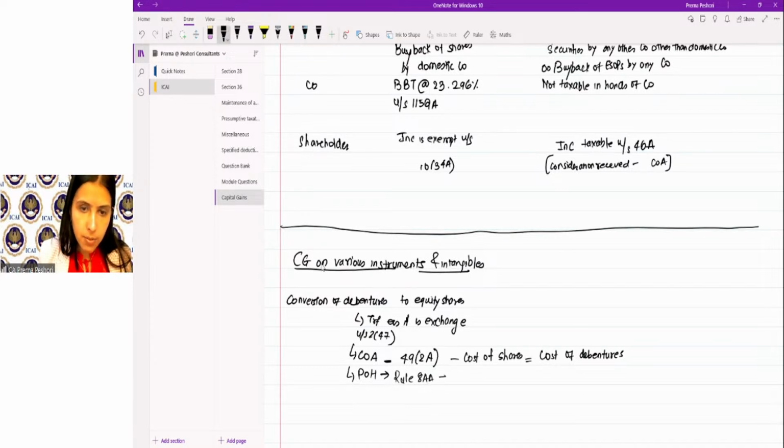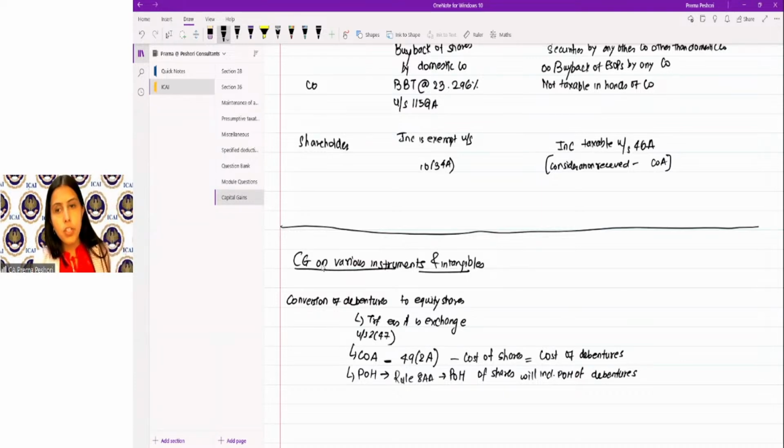It says that the period of holding of shares will include the period of holding of debentures. Clear?